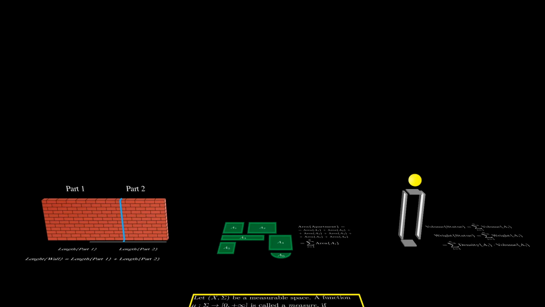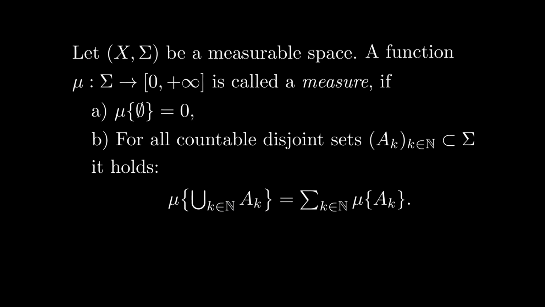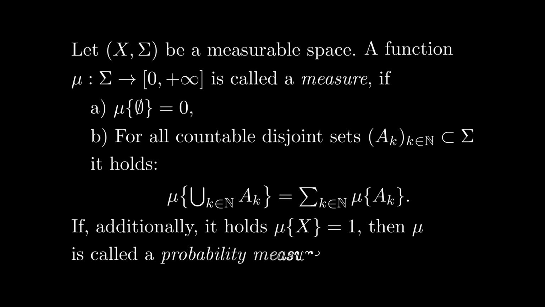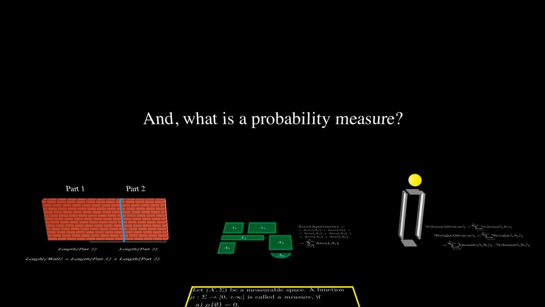And what is a probability measure? Here we only have to impose one further condition, which is that the measure should be normalized. That is, the value that is assigned to the whole space is 1. That's the only difference. So, what does it mean?